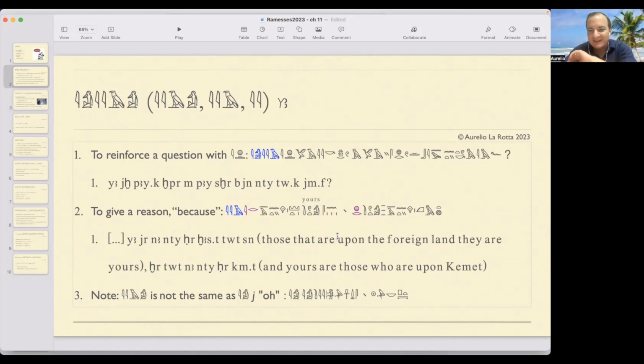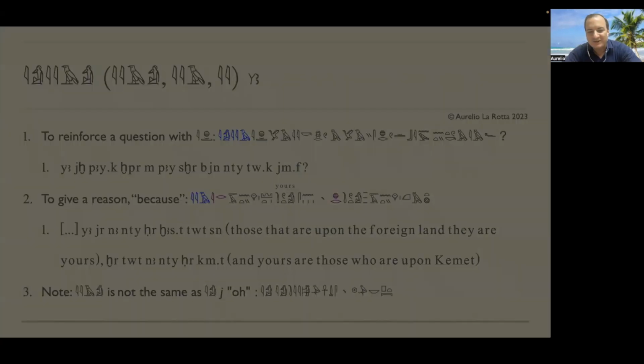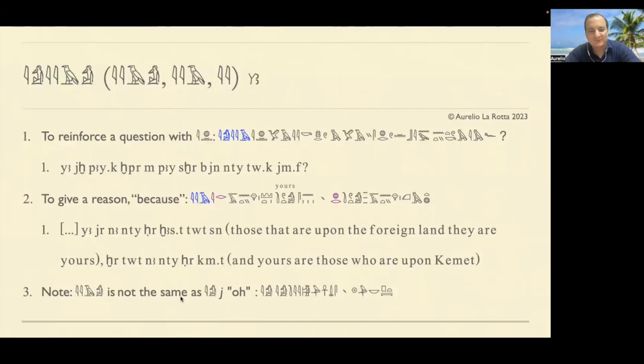Thanks very much, Chris. And I put something on here that's not in niveau just because there could be some confusion. So this ya is not the same as the simple vocative or hail or o particle. Like for example, in ya iti anech djet senep ra nepet.